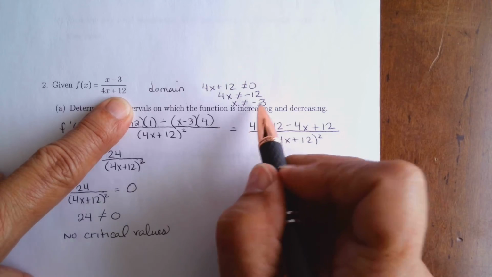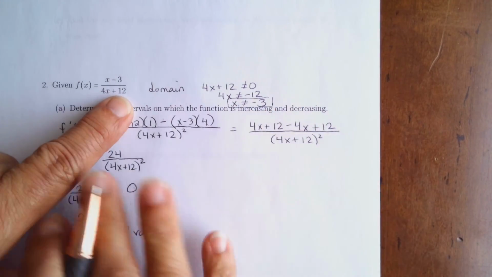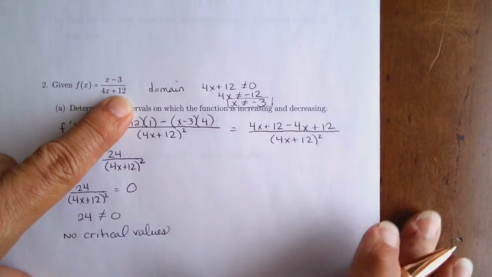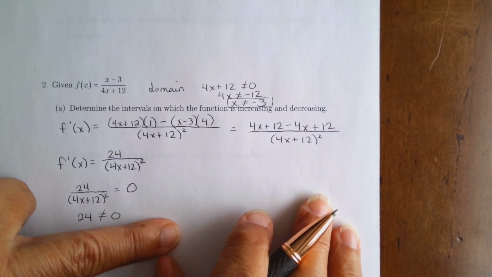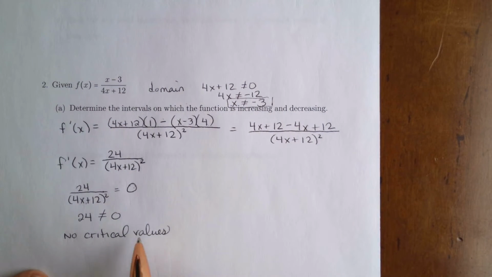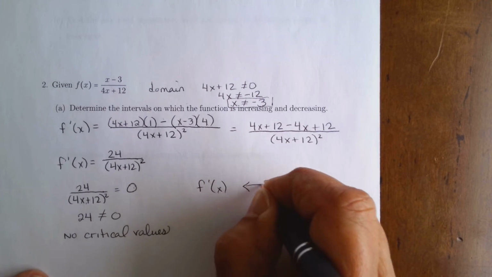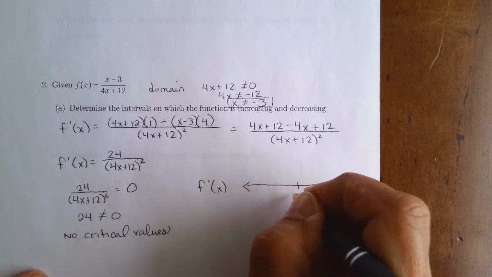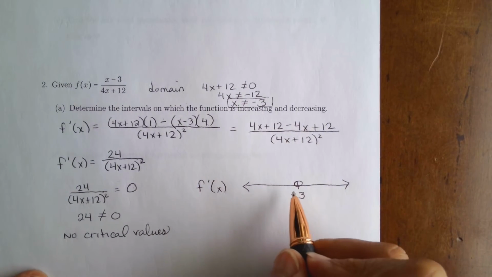That number is not in the domain. I can't use negative 3 anywhere in these intervals, anywhere in this problem. So even though there are no critical values on my first derivative, I still have to take out negative 3 because that is not in the domain.